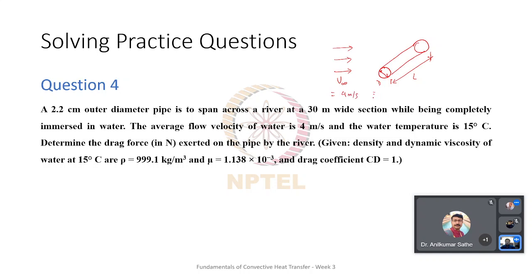D is 2.2 centimeters, which we can write as 0.022 meters. And L is given as 30. What we have to find out is the frictional force on it. Also, the drag coefficient CD is equal to 1. That is also given.